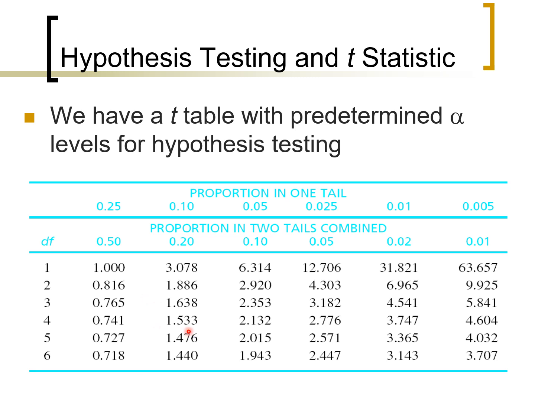Now also, you can see a couple different choices you have: proportion in one tail, and unlike the z-table where we could pick our probability, if we wanted to find a probability of 0.125, we could find it. Here, we're stuck with the values they give us. So now we see some common alpha values, 0.05, 0.01, and then we see proportion in two tails combined. So one-tailed test here, two-tailed test here, and then we find our degrees of freedom, and we can find a cutoff value.